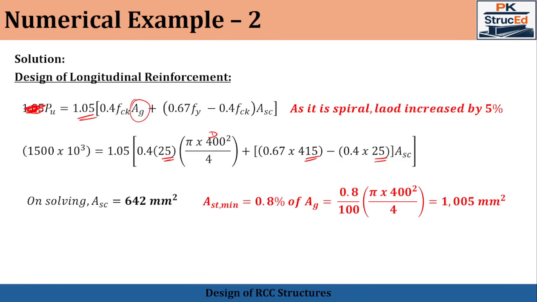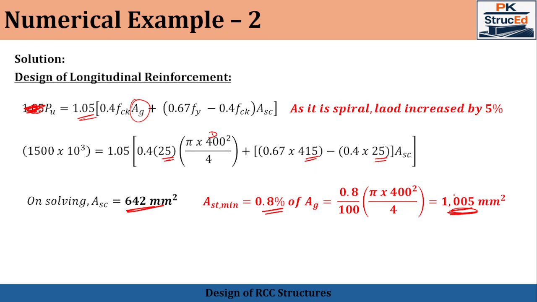Now we are checking the minimum steel condition, which is 0.8% of the gross area, that is 0.8 by 100 into pi by 4 into 400 square, which comes as 1005 mm square. Whereas we calculated the requirement as 642 only. But in no case should the Asc be less than this minimum percentage.